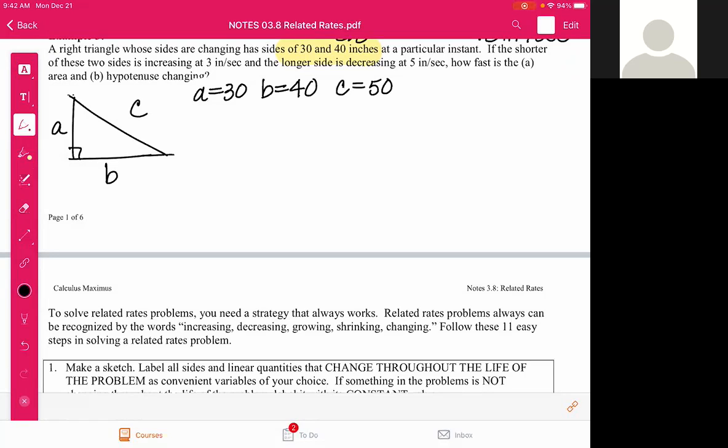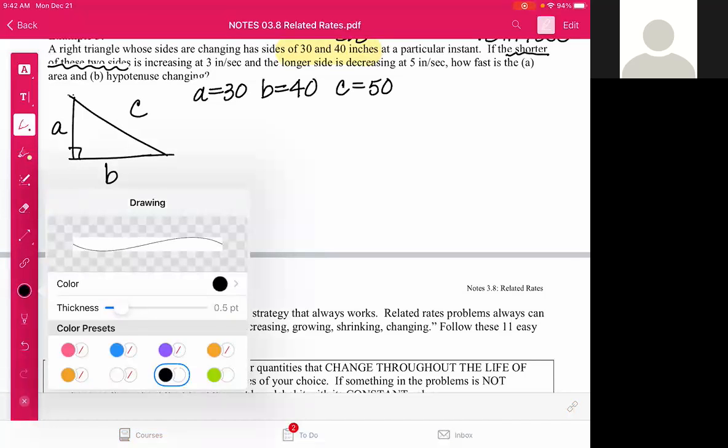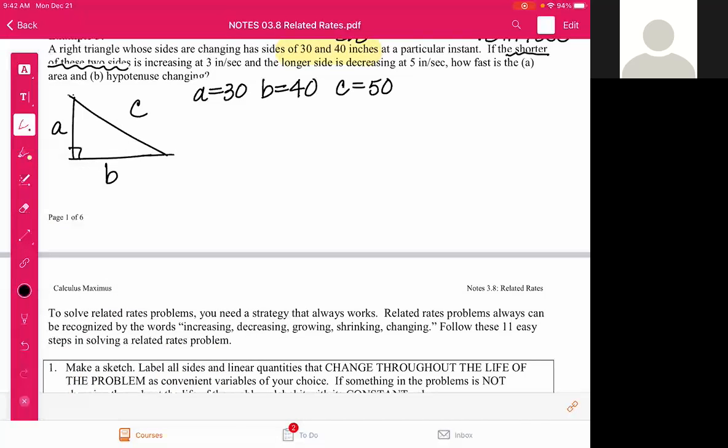So good. All right, now the shorter of the two sides. The shorter of the two sides is the 30. That is increasing at 3 inches per second. So if this is increasing at 3 inches per second, we can say dA/dt.